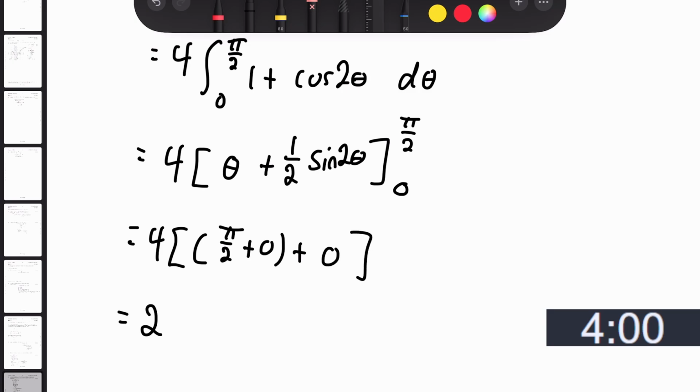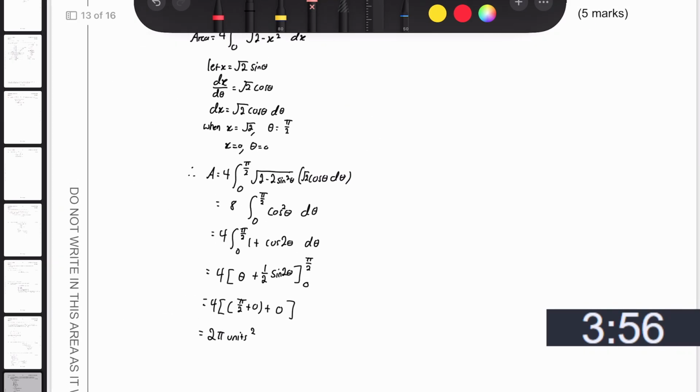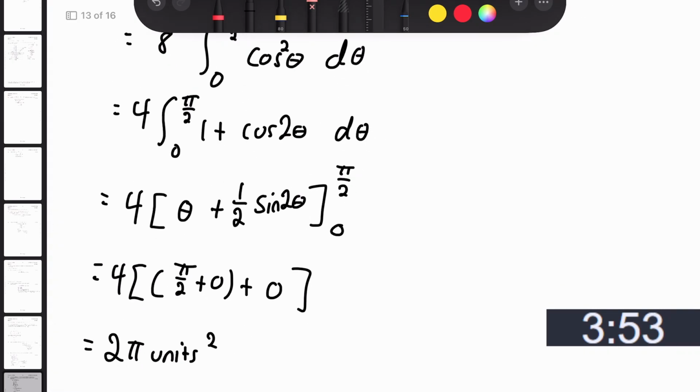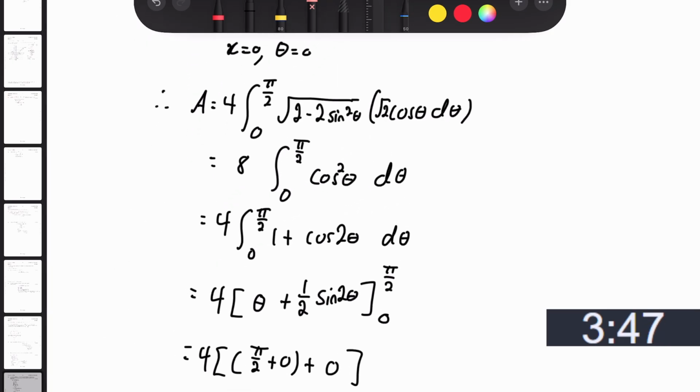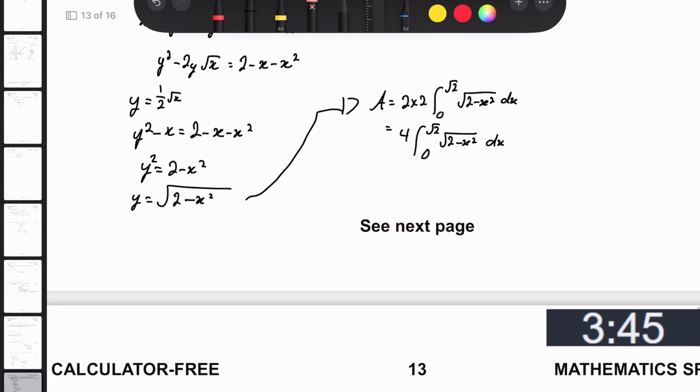So this is just going to be 2 pi units squared. Okay, yep. Pretty happy with that.